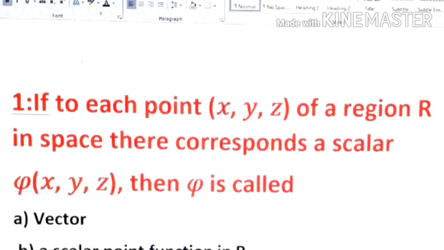If to each point x, y, z of a region R in space there corresponds a scalar phi of x, y, z, then phi is called, here we have multiple choices for it. Option A, vector.